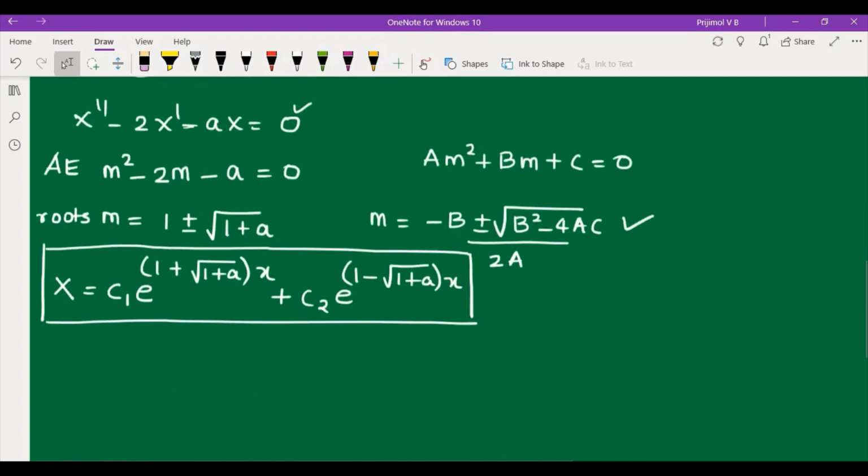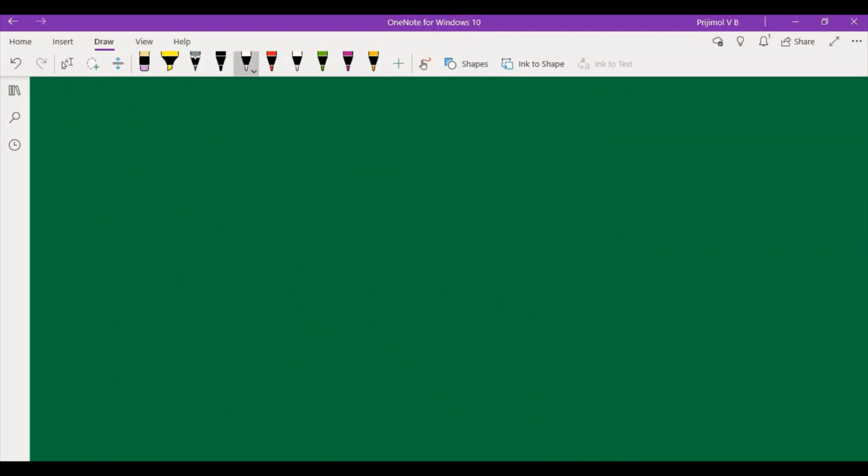That is minus Y dash by Y equal to a. Yes, after rearranging this, we get Y dash plus aY equal to 0. This is also a homogeneous first order differential equation with constant coefficients. Here also we have to solve for complementary function, and that will be the solution. Now replace the derivatives by m.